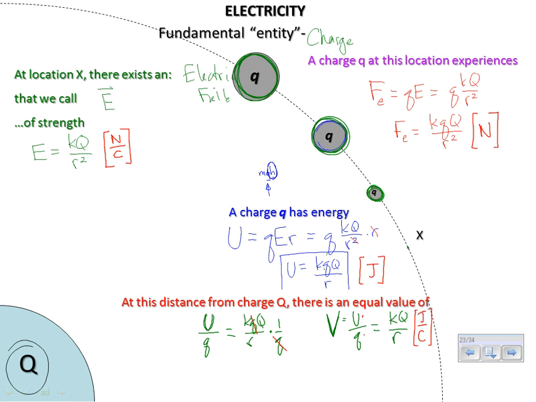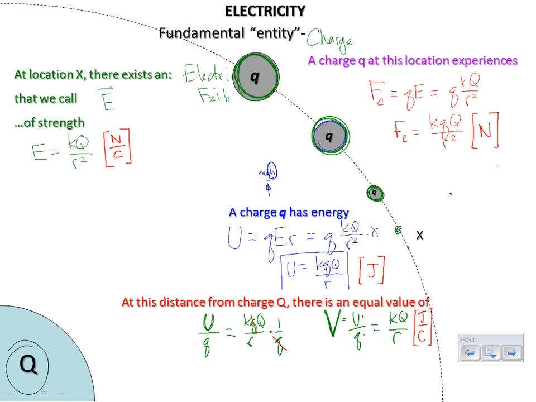This is one of the hardest concepts for people to wrap their heads around, just because it's such an abstract sort of thing. Again, we're saying at this location right here, there's a certain value of electric potential. At this location here, there's a different value. At this location, there's a different value.